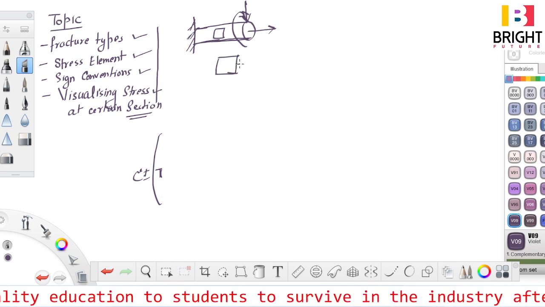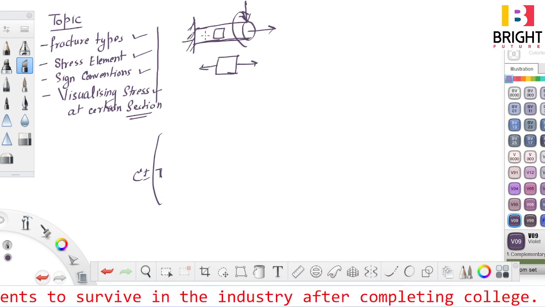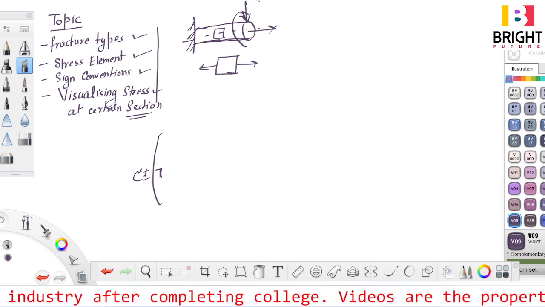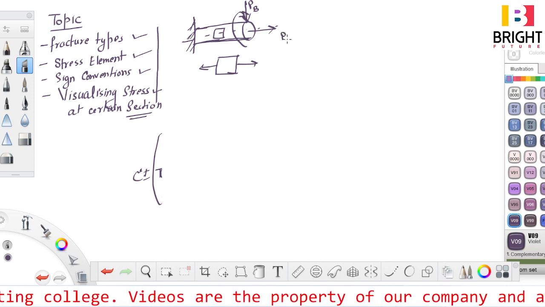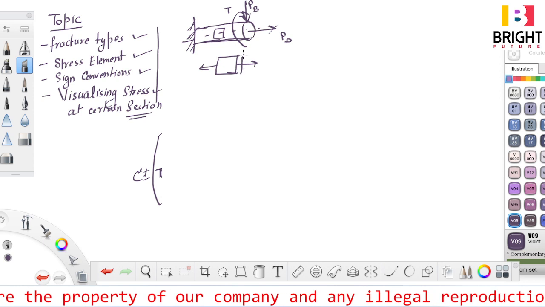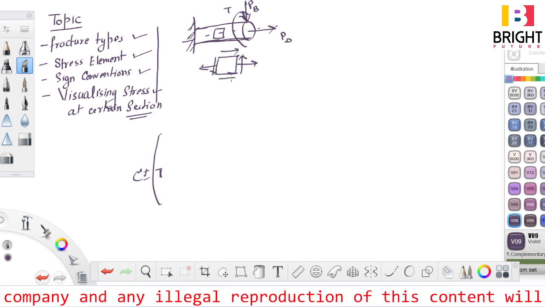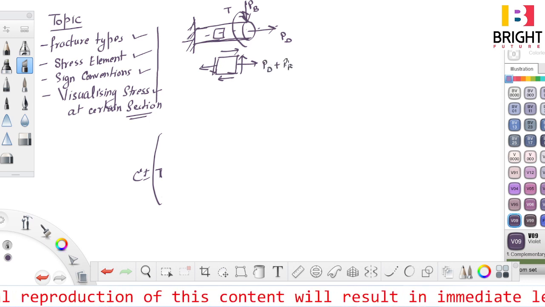Now this load is acting over it like this. Now it has a neutral axis. This is the load, say bending moment load PB, and this PD, this is direct force, and this is torque. This torque is acting like this, tau xy, and this is PD plus PB.